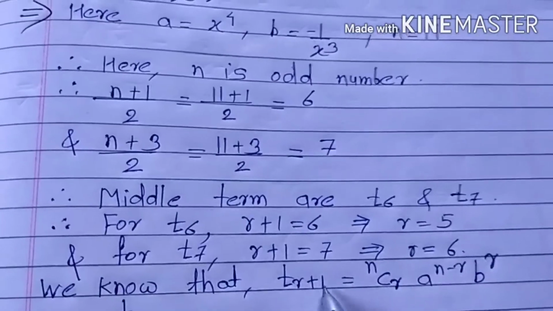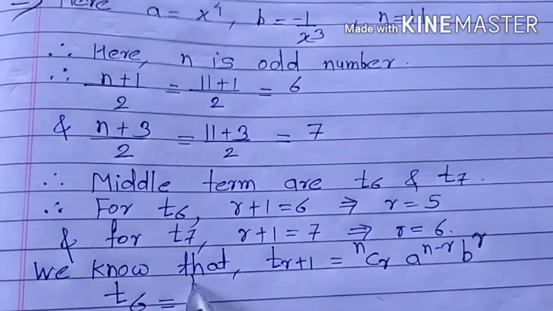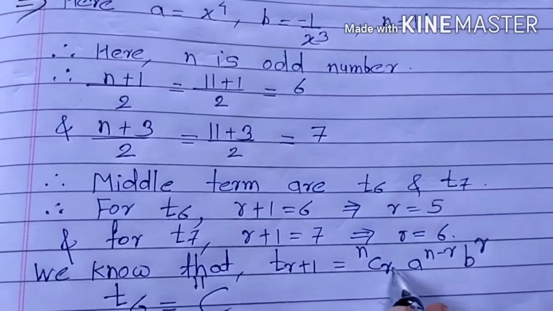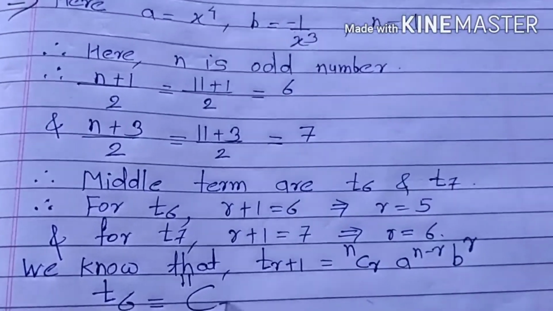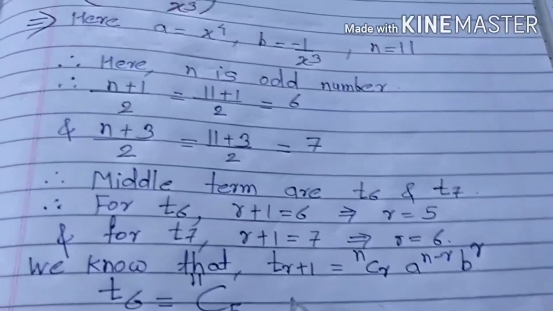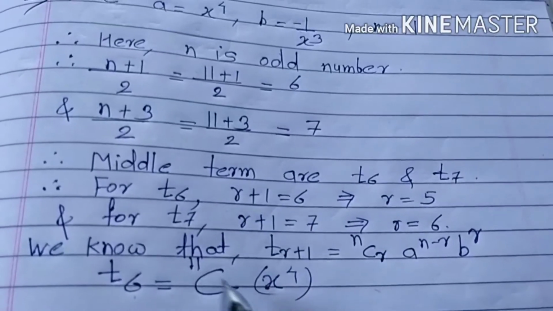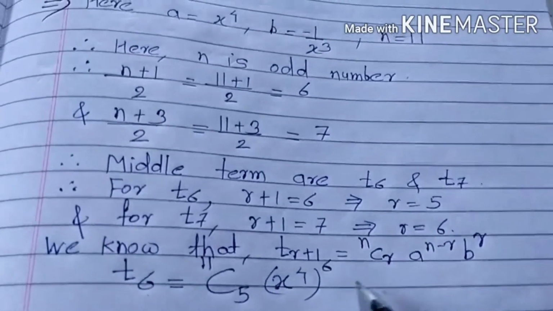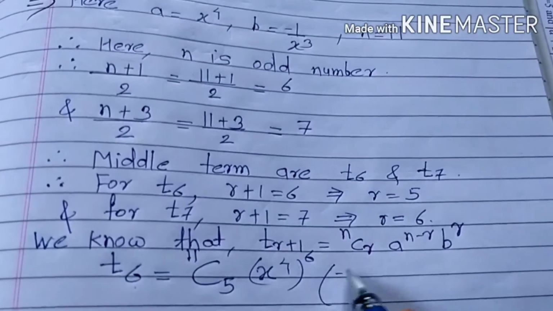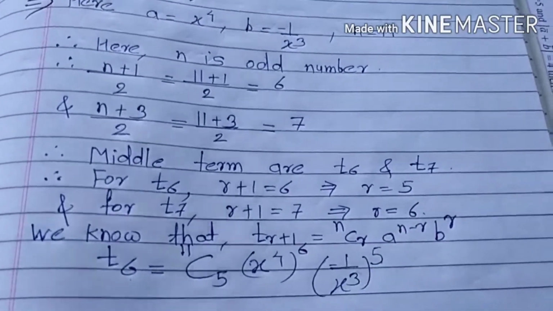Now first for T6, n is 11, and for T6 r is 5. The value of a is x raised to 4, so x raised to 4, 11 minus 5 is 6, and b is minus 1 upon x cube raised to 5.